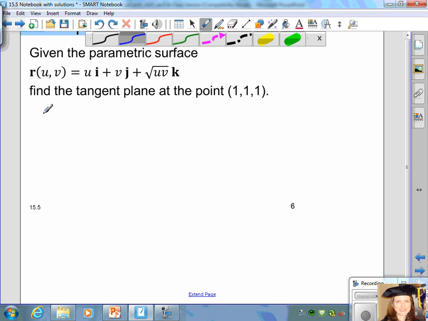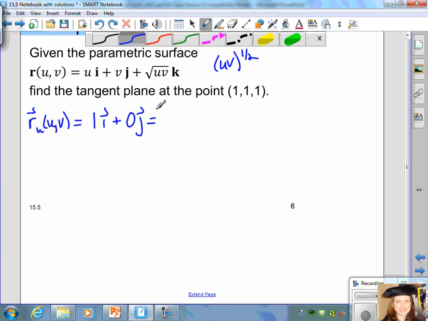Okay, let's begin by taking the partial derivative of r with respect to u, treating u as a variable and v as a constant. Derivative of u is going to be 1i. Derivative of v, we're treating as a constant, so that's going to be 0j. And then the square root of uv, well, think of this as uv all to the 1/2 power.